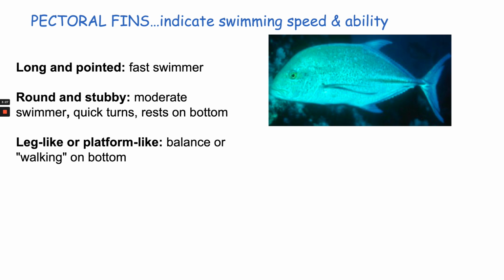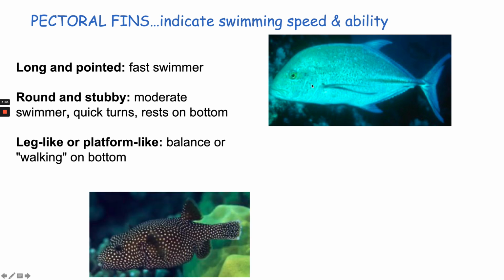So you can see this jack here is a fast swimmer, and it has these long pointed pectoral fins. Now contrast that with these round stubby fins on a puffer fish. So these are not fast swimmers, but they can make quick turns, they can rest on the bottom, and they're very maneuverable. Not fast, but maneuverable.